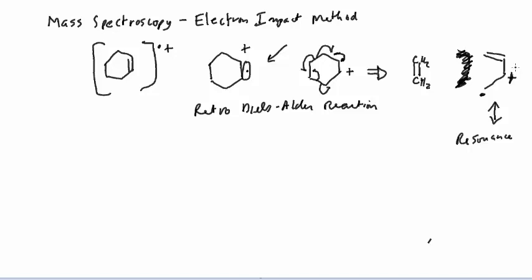Now, what I'd like to do is to move to looking at the various classes of compounds and the general behavior that we see when they're subject to electron impact mass spectrometry.